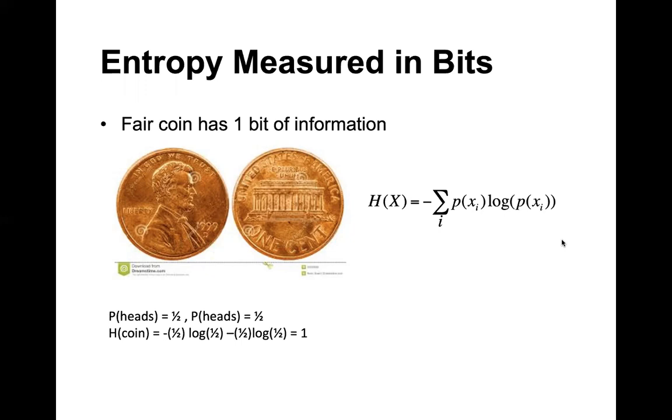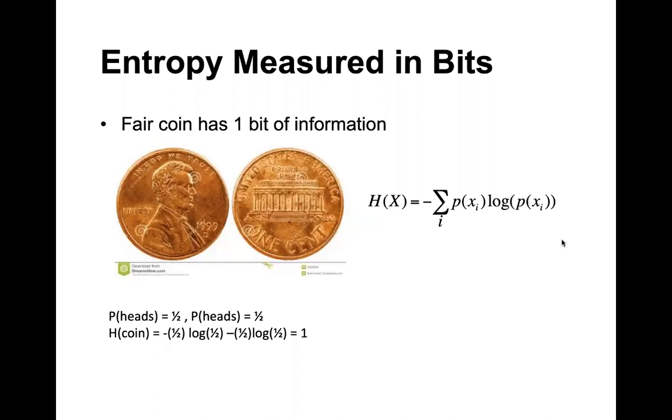The idea is if you want to record the result of a fair coin flip, then you need 1 bit to record because you can encode heads as 0 and tails as 1. So that only needs 1 bit. But if you're recording the result of 2 coin tosses, you can no longer do it in 1 bit. You need 2 bits now to do it.